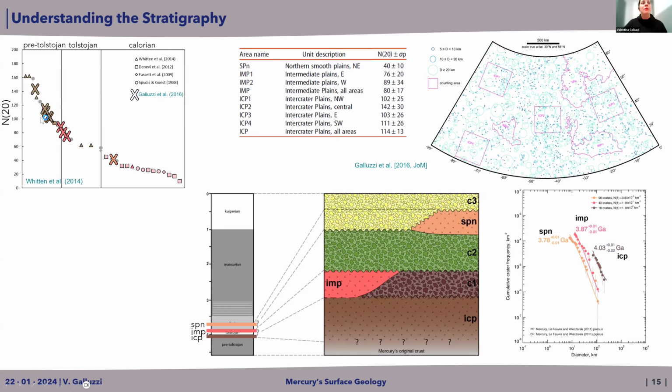So here with the brown, we see the intercrater plains that actually have more craters and larger craters. And then we have the intermediate plains here and smooth plains here, which are clear, definite, and the youngest unit.